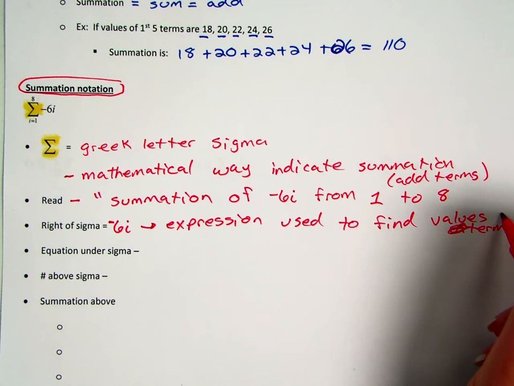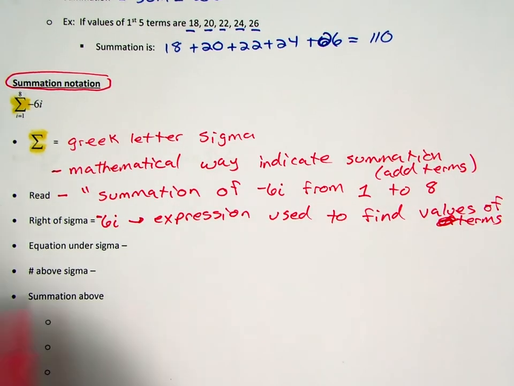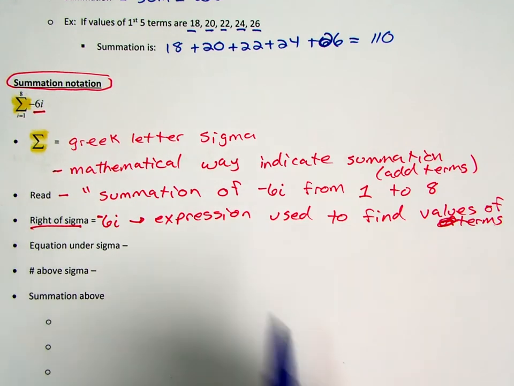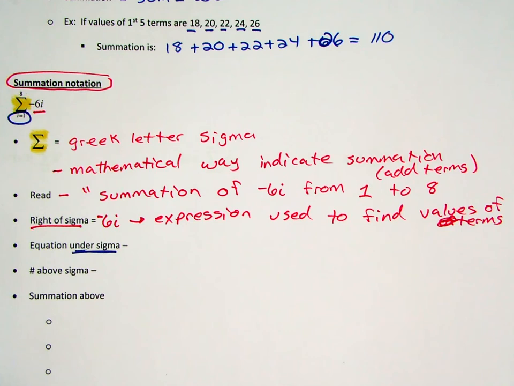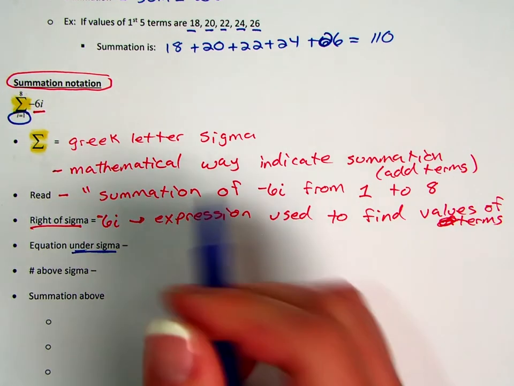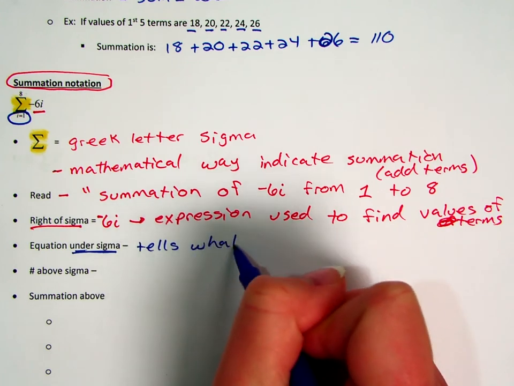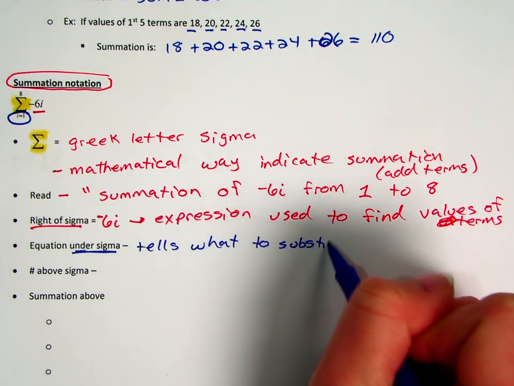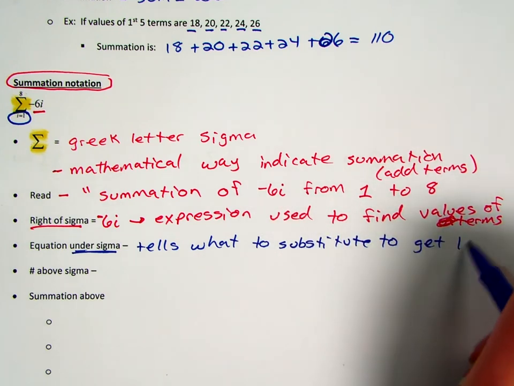Values of the terms. That's when we look to the right, which is this piece here. Then, when we look under the sigma, so in this case, the 1 equals i, under the sigma tells what to substitute to get the first term.